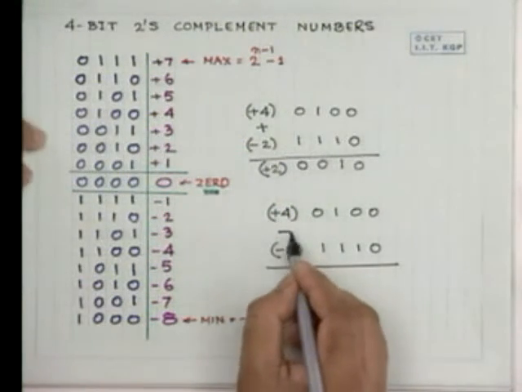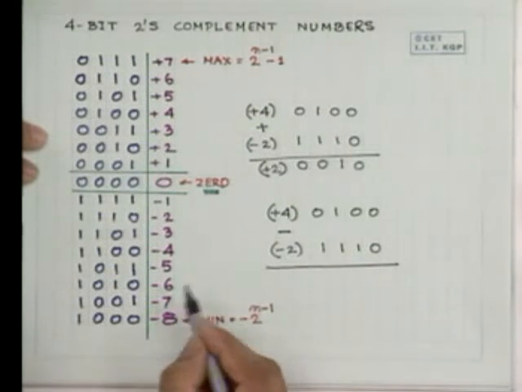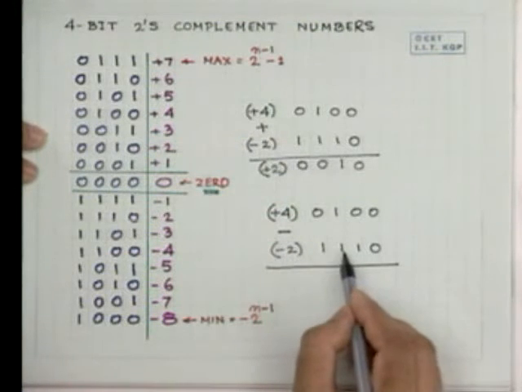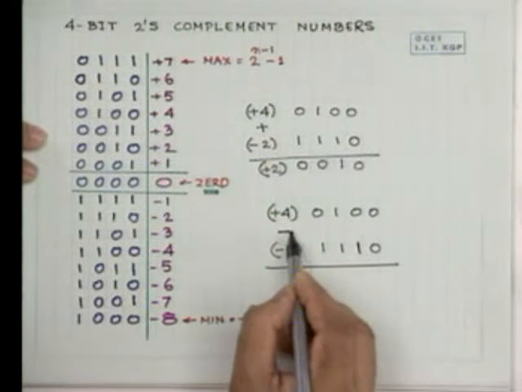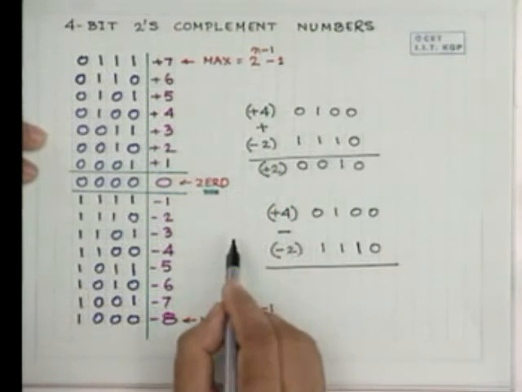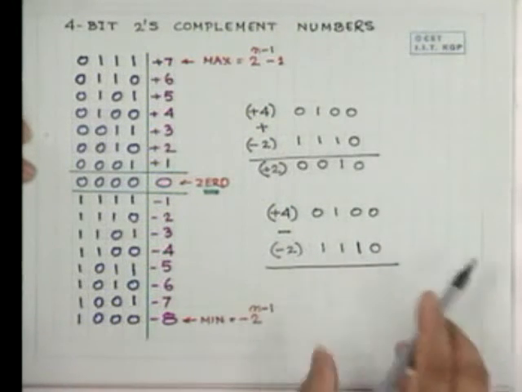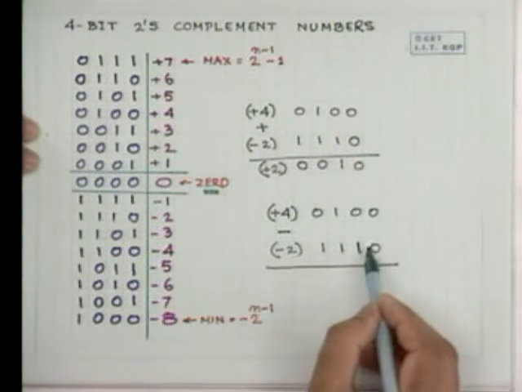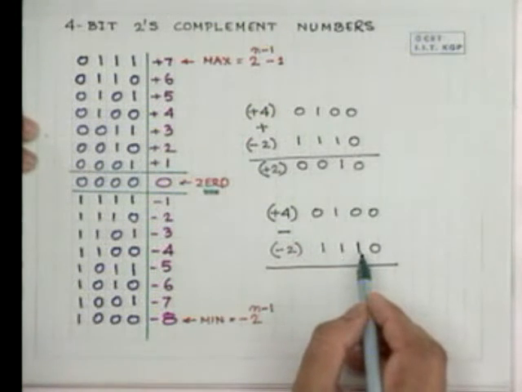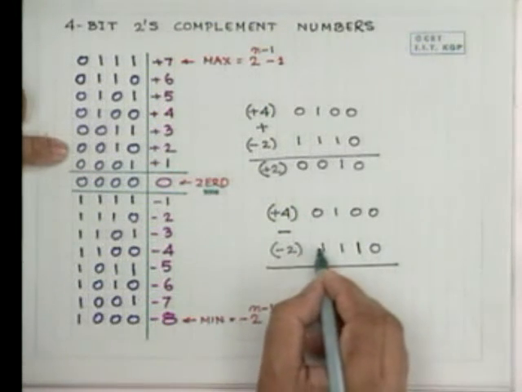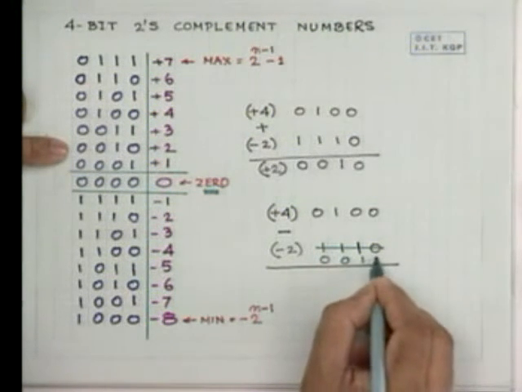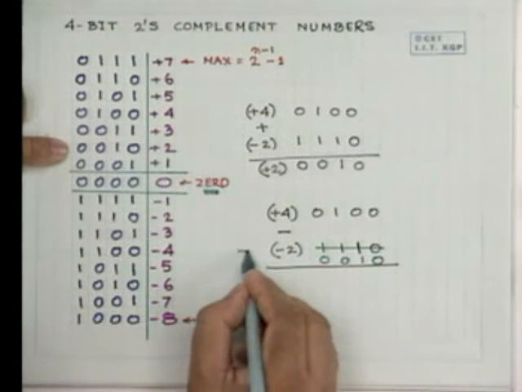In this case, when you want to do a subtraction, what we do is this, that you convert minus 2 into its 2's complement representation, since the operation desired is minus. Now, converting this into 2's complement representation is easy, as I said. Find the 1's complement representation by complementing each bit and then add 1 to it. And in that case, what we get here is this 0, 0, 1, 0, which turns out to be plus 2.